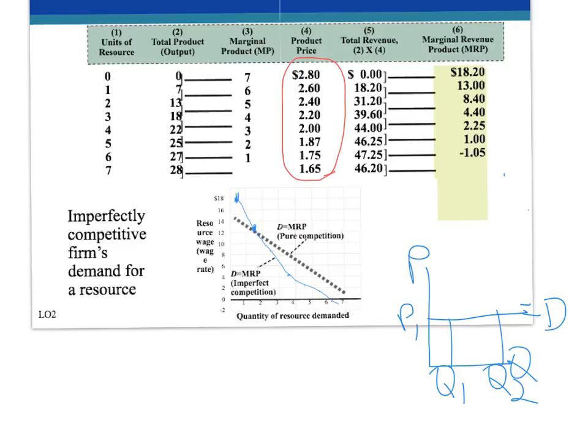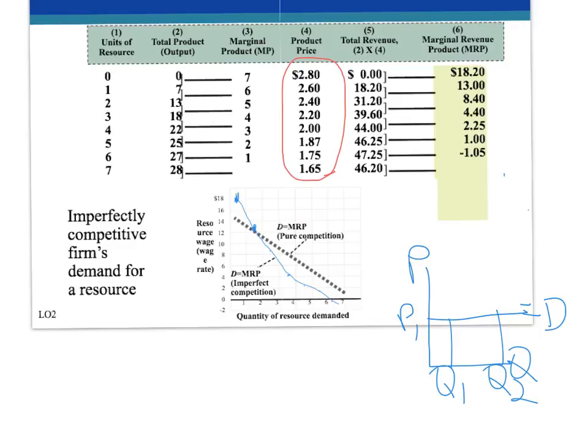So they know that in order to produce more units, they have to sell the additional units for a lower price. And also, the marginal product of additional units falls. So we have two forces here that are decreasing with additional output: the marginal product with the additional units of labor and the product price.